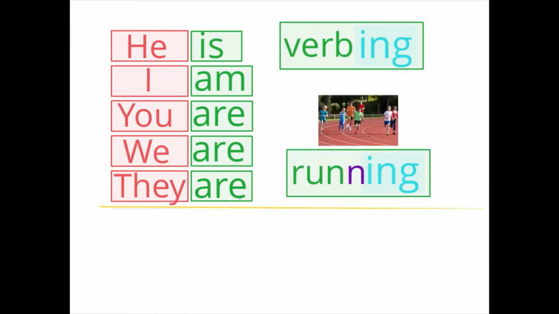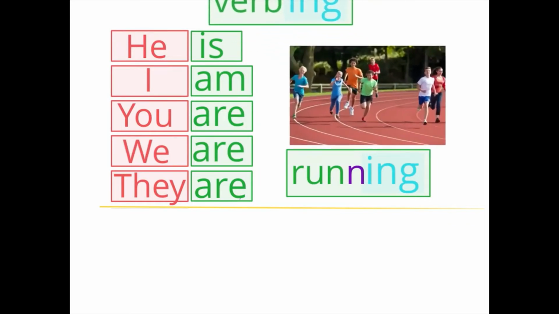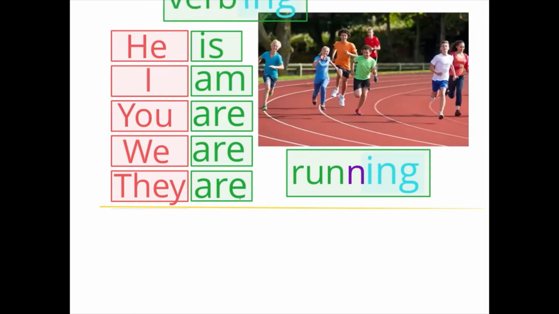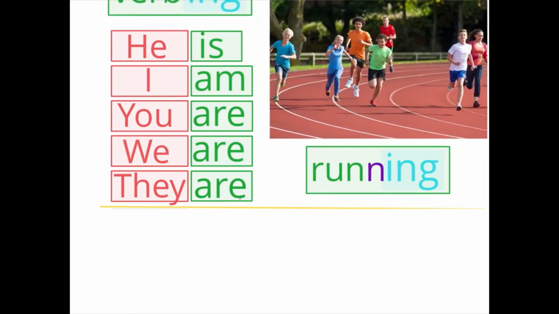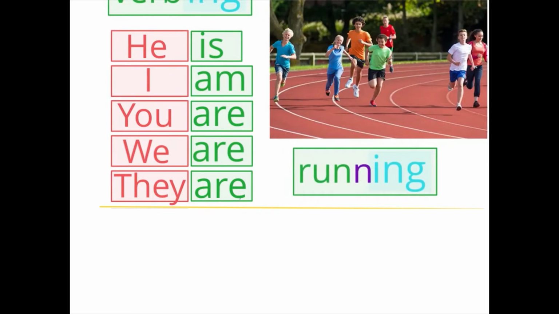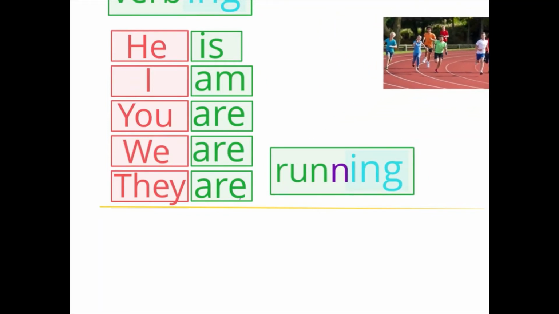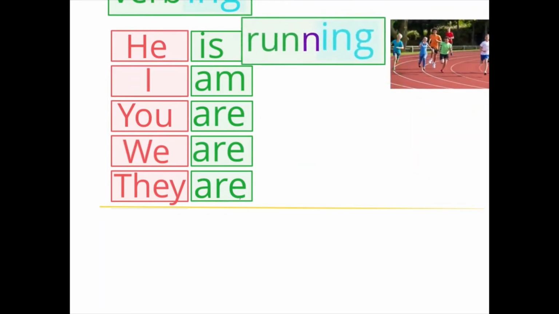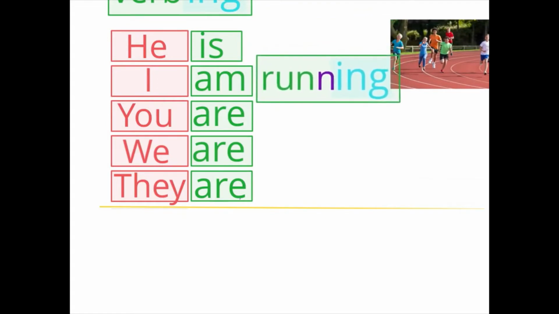So let's do an example. If we are talking about running, okay, so here's our picture of some people who are running. We take our verb run, we add ing. If we are running right now, we could say he, that's one person, is running. If I am the one running, we would say I am running.